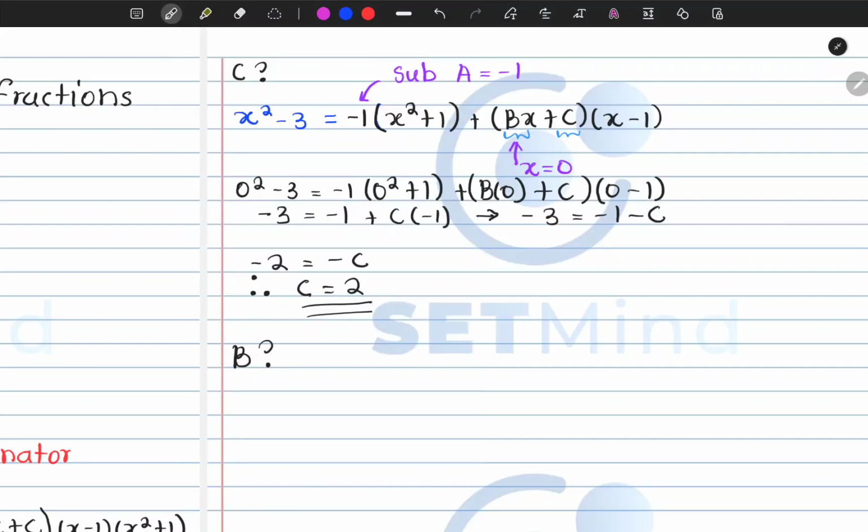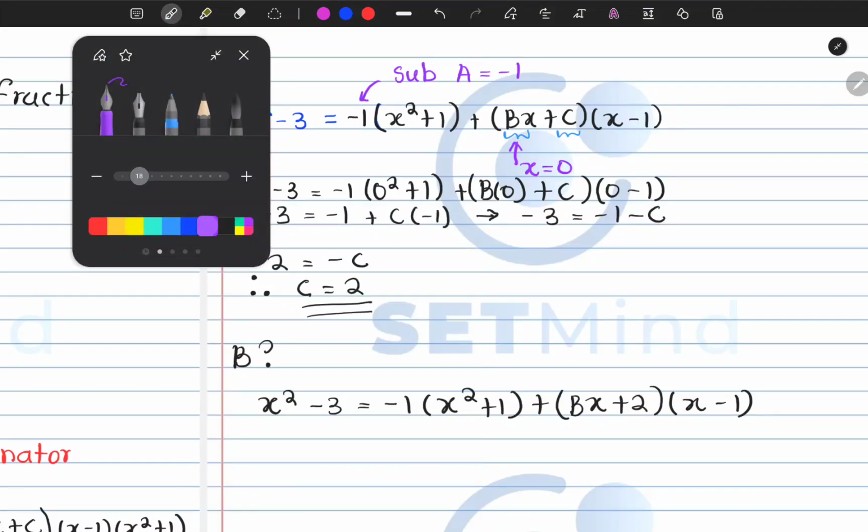So we now take the equation which has now the a and the c. So our equation is now x squared minus 3 equals -1 into x squared plus 1 plus bx, the c, which we found out is 2, then multiplied by x minus 1.